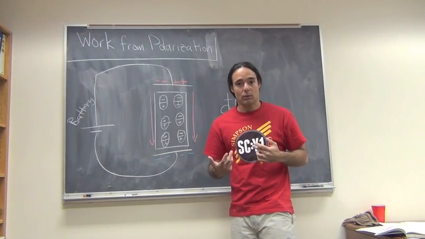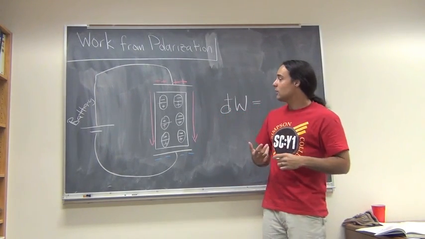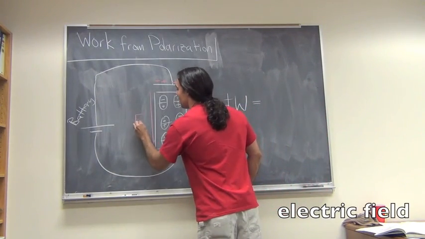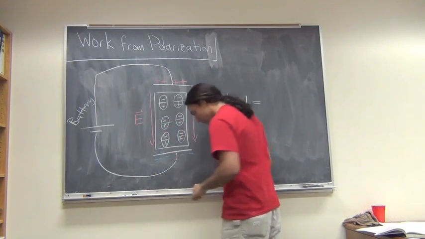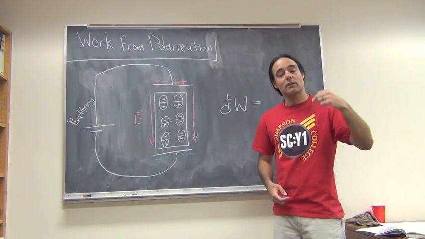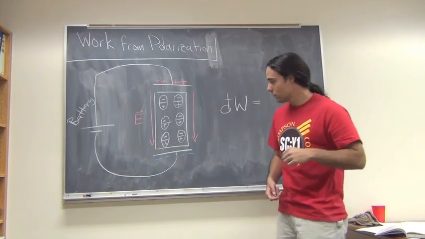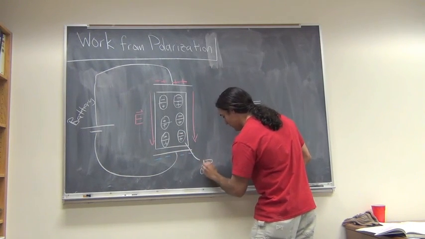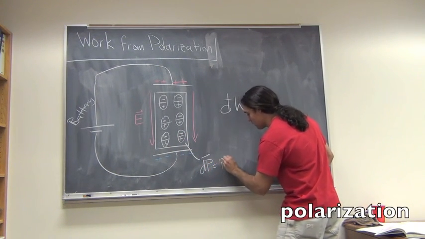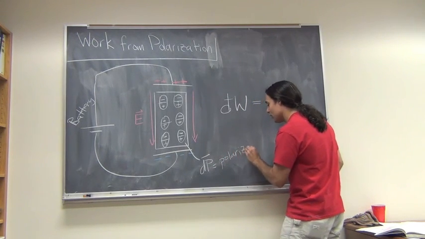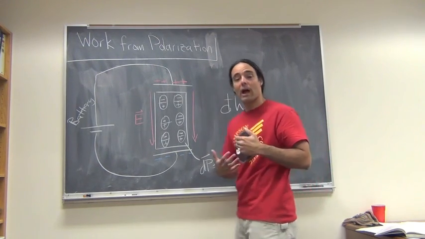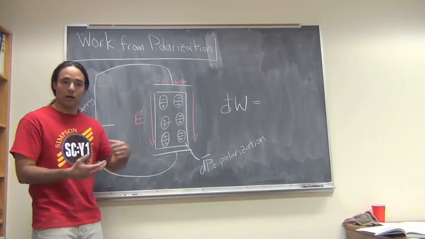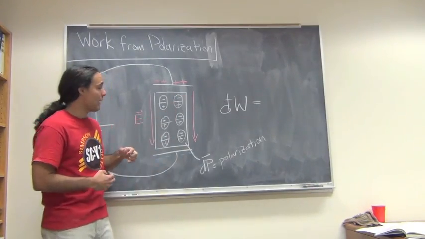So what's that going to be equal to? Well, it's going to be related to a few things, one of which is that the thing that's doing the work is this electric field that you have created, and it is stretching the molecules by a small amount. It's stretching them by an amount which I will call dP. This is our polarization. So it tells me how polarized the molecules in my material are going to be, how much they're going to get stretched.